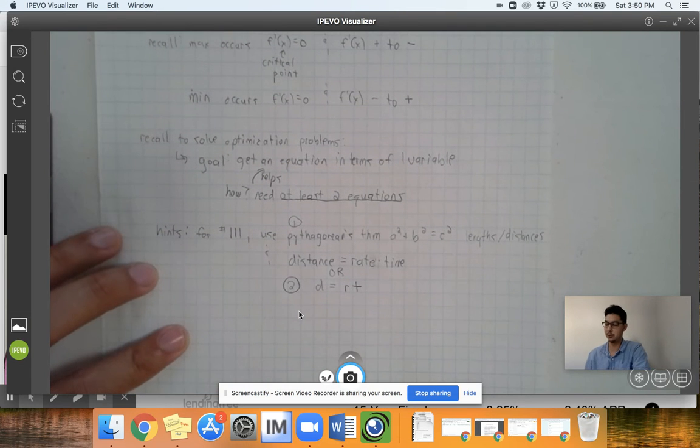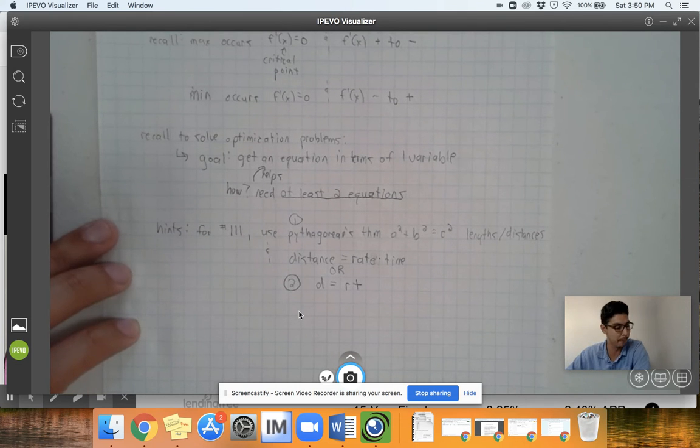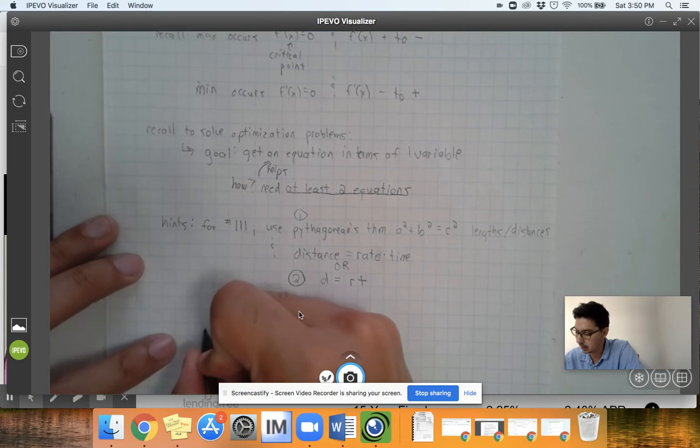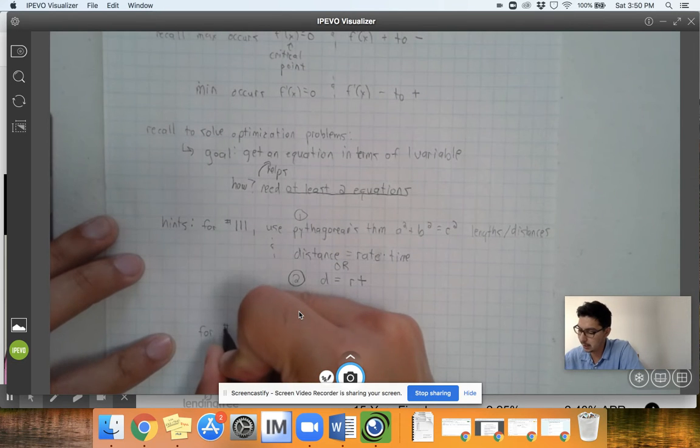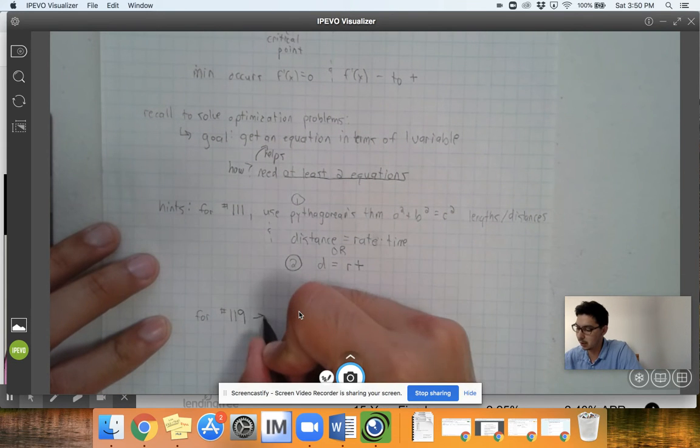You'll combine those two with that problem to write one equation in terms of one variable and take the max and min there. My other hint is that when you get to problem 119, you're going to have to use the law of cosines.